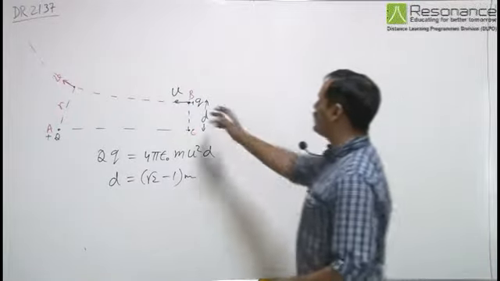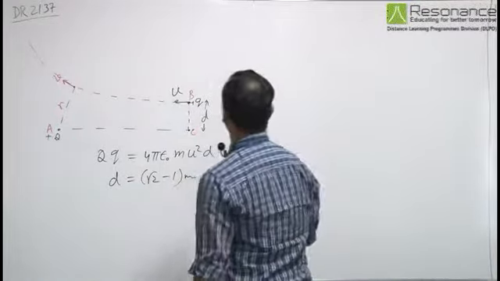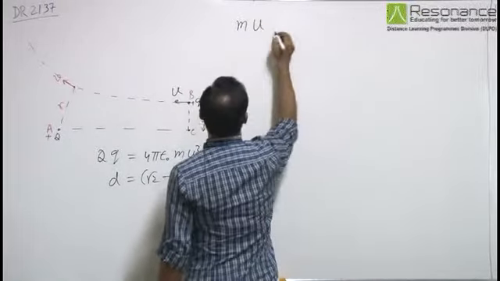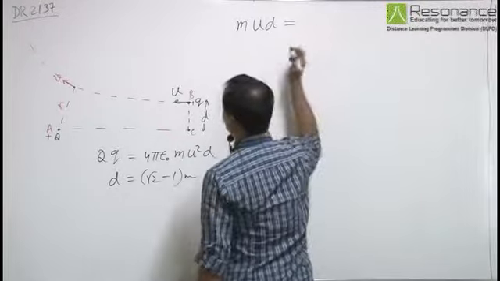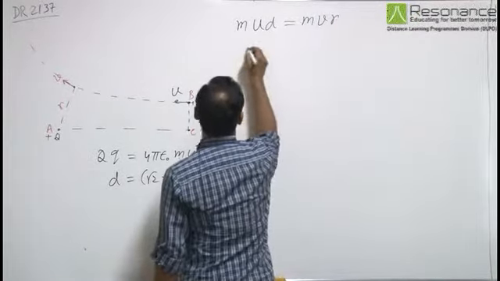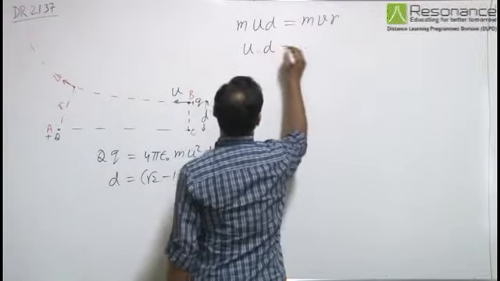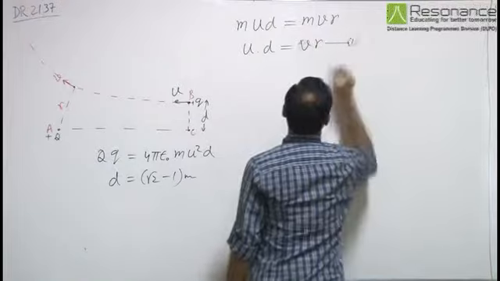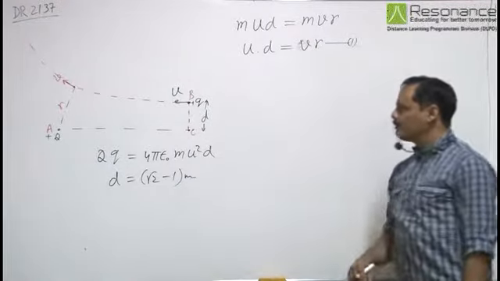So if we conserve the initial and final angular momentum, m u into d will be equal to m v into r. So from conservation of angular momentum, u d is equal to v r. This is the first equation.